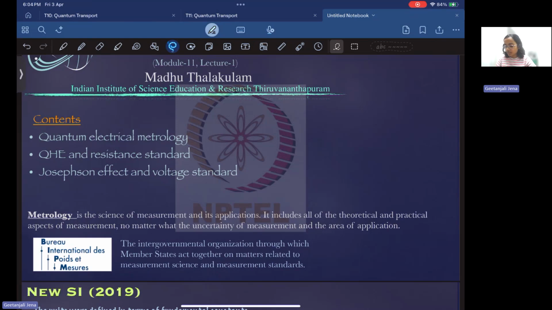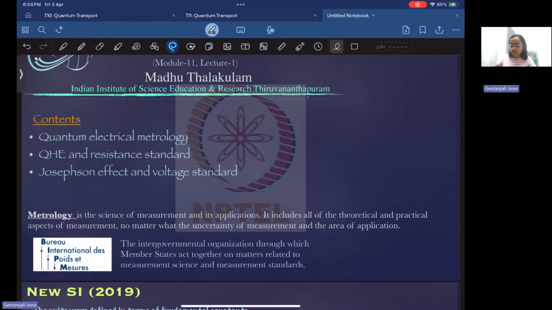If you recall, this week we saw the different types of measurement standards for measuring resistance, voltage, or current for quantum electronic devices. Just like if you want to measure anything, you need a reference.